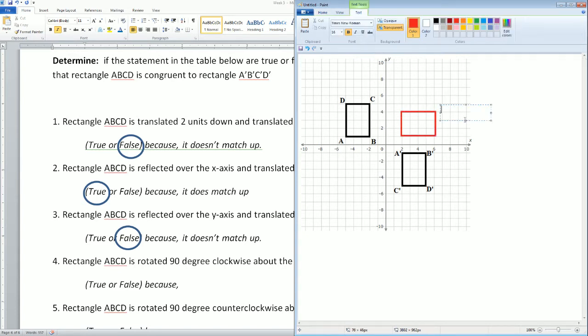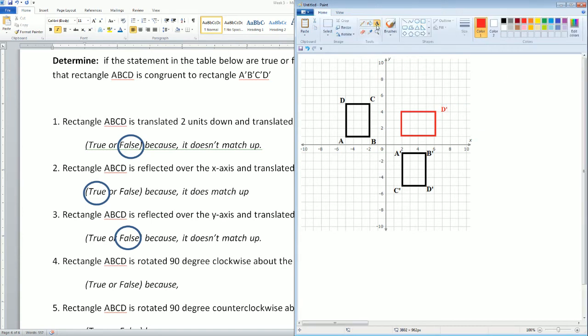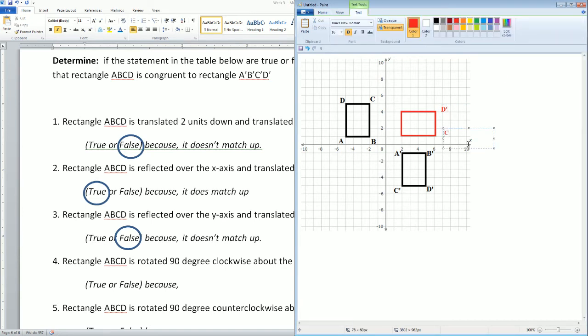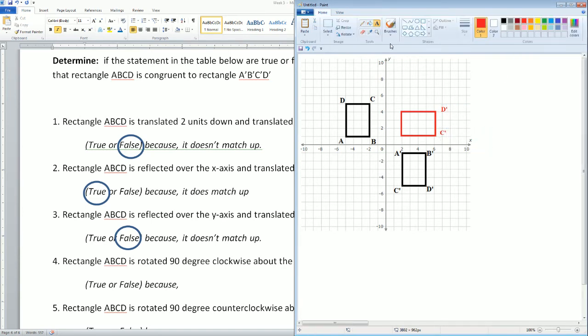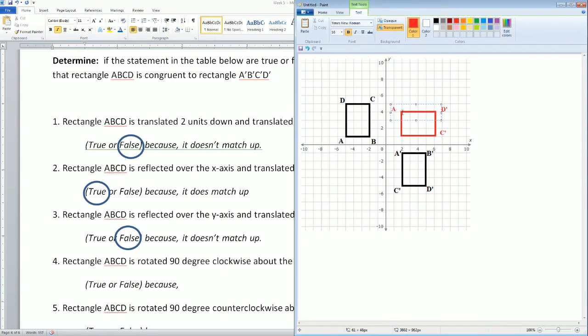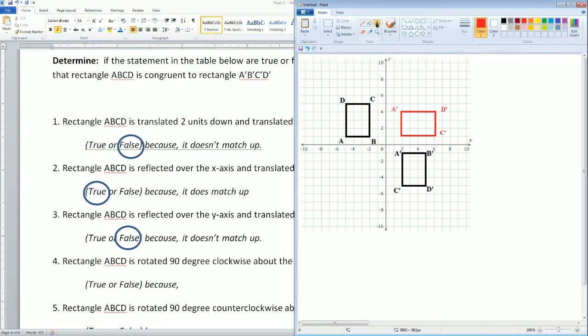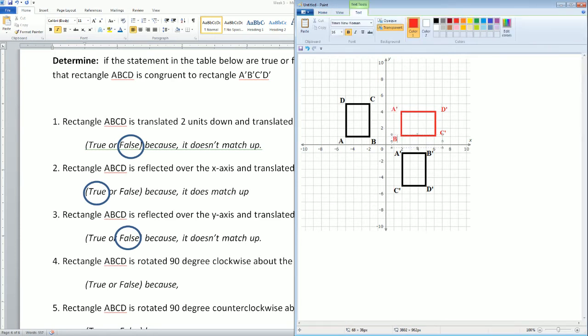D prime is in that corner, C prime, A prime, B prime.